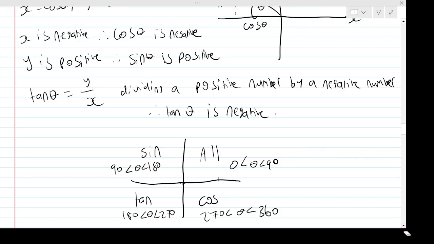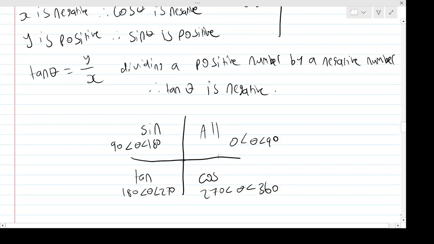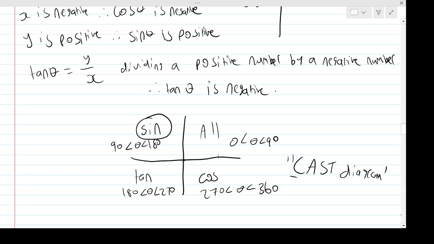But anyway, there's a special name for this. If we start with the first letter of everything, we get something called a CAST diagram. C represents cos here. Then we move upwards to all three trig functions, A. Then we get sine, which would be the S, and then T for tan.